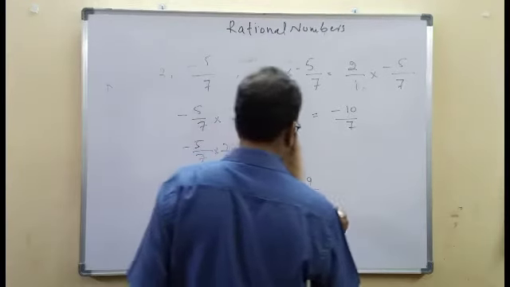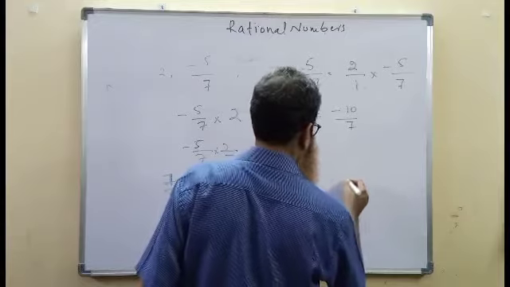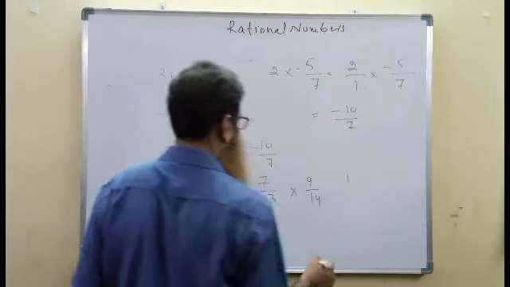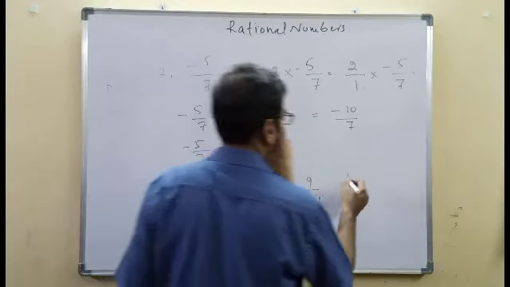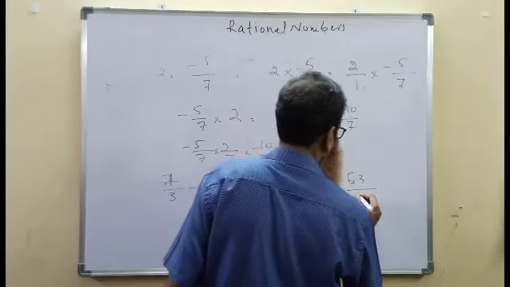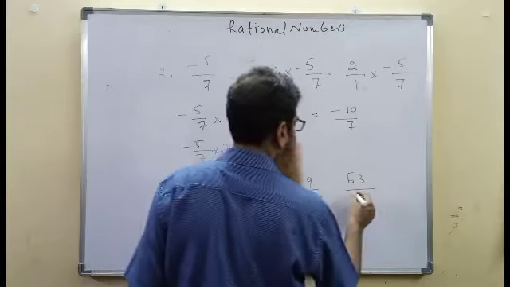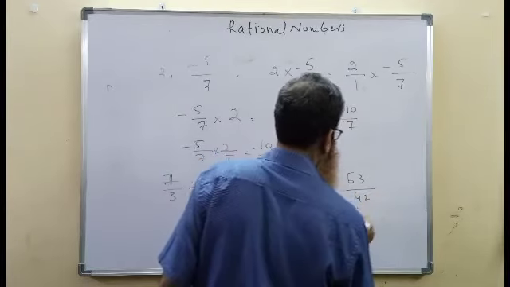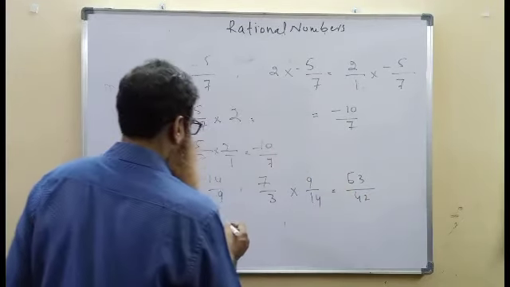So 7 by 3 into 9 by 14 is equal to 7 into 9, 63, divided by 3 into 14, which is 42. It is 63 by 42.